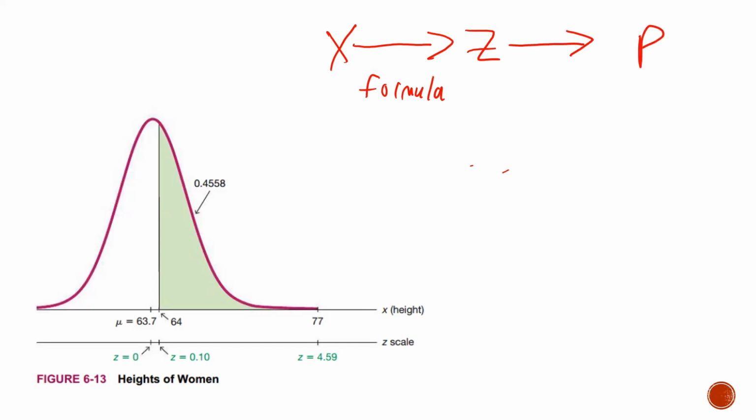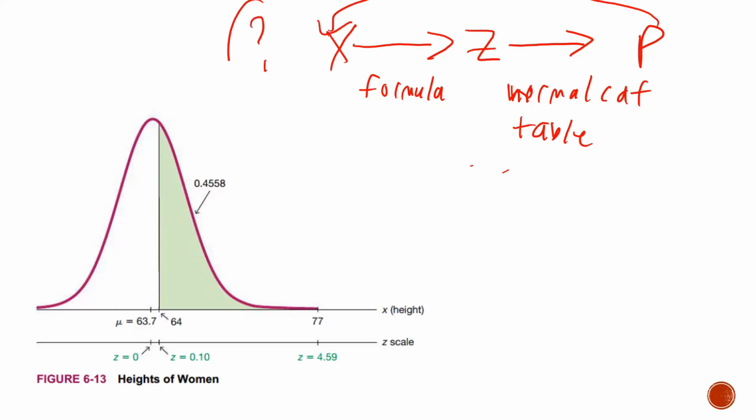And then we went to P, which we got using the normal CDF, or you can use your table. That went to P. So the next question is, how do I go the other direction?